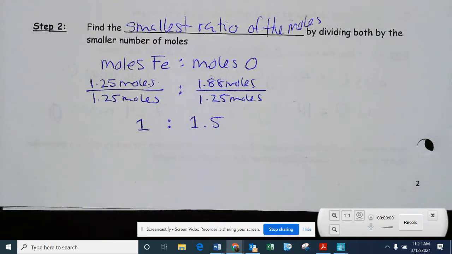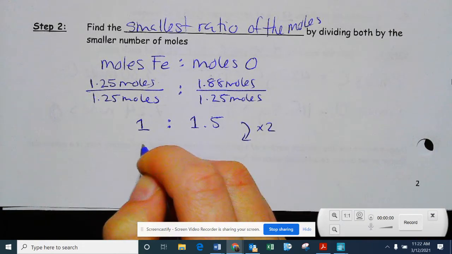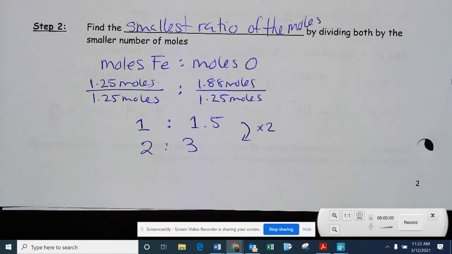What number can you multiply 1 and 1.5 by to end up with 2 whole numbers? Yeah, 2. So we're going to multiply these by 2, and we're going to end up with a 2 to 3 ratio.